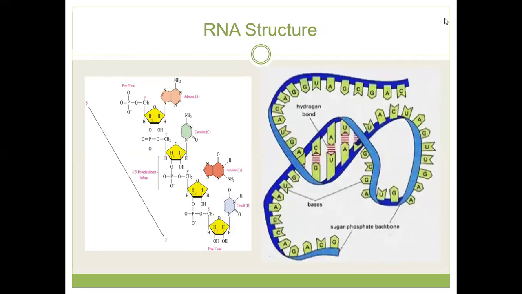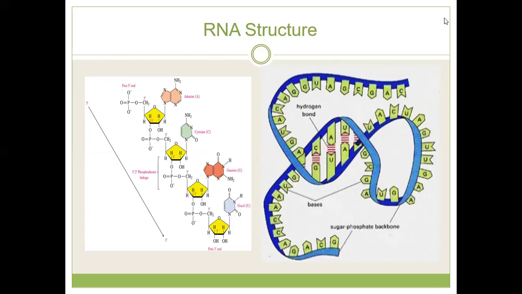So now we talk about the RNA. Simple. In RNA, unlike in DNA, RNA does not form a double helix structure. Therefore, RNA is just a single strand. But a single RNA strand can fold back on itself to form different structures.